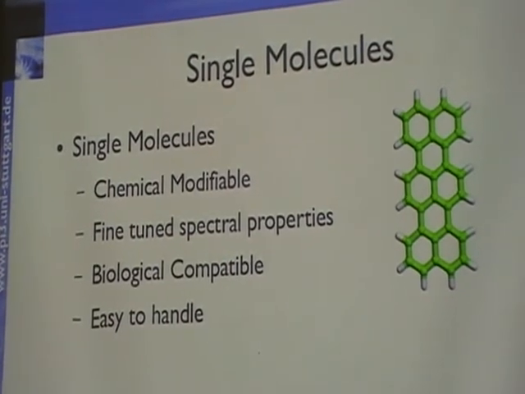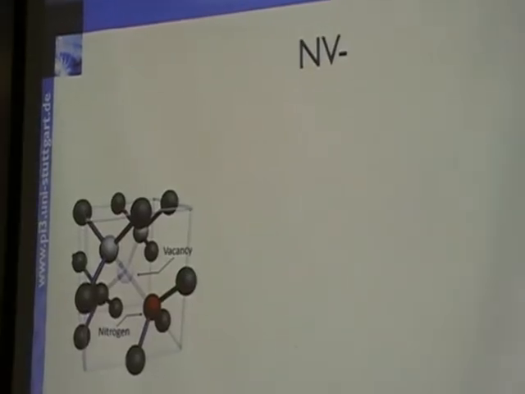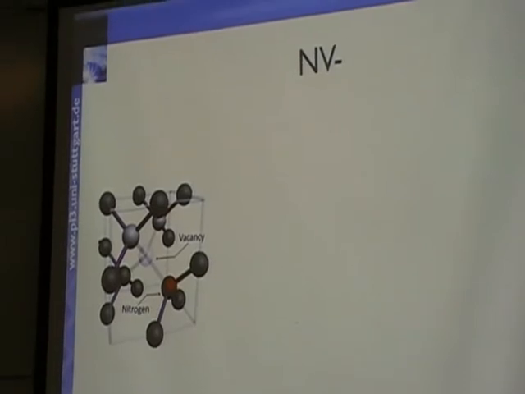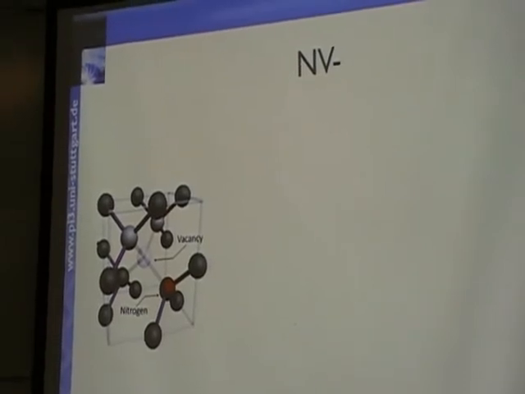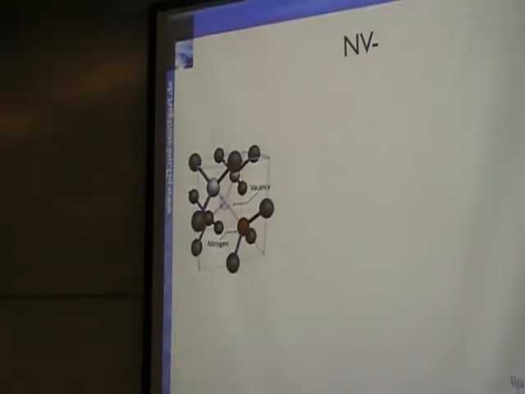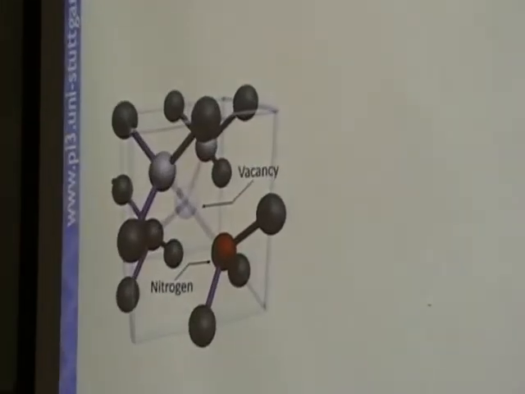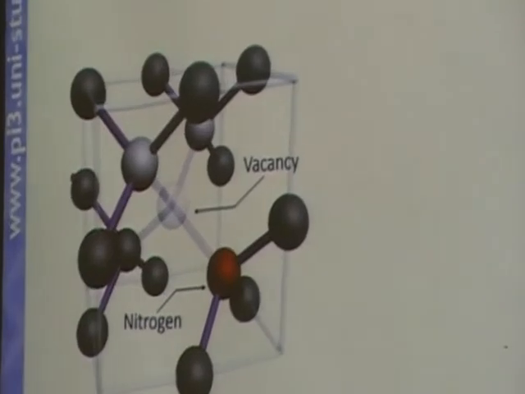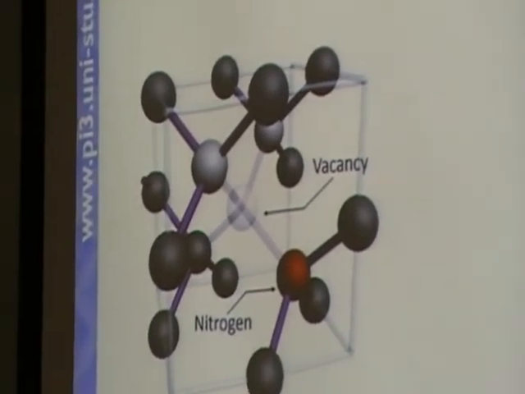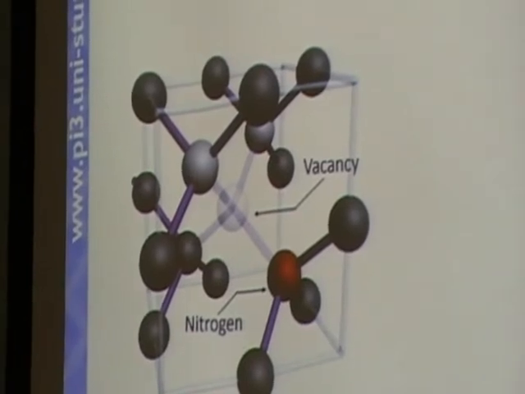So there's another emitter. Mainly, the entire sample consists of diamond, and normally the diamond consists of a pure carbon-carbon lattice. So you have this four-fold geometry here, and this is a unit cell where something is different: you have a nitrogen instead of a carbon here, and then there's a vacancy on the other side.